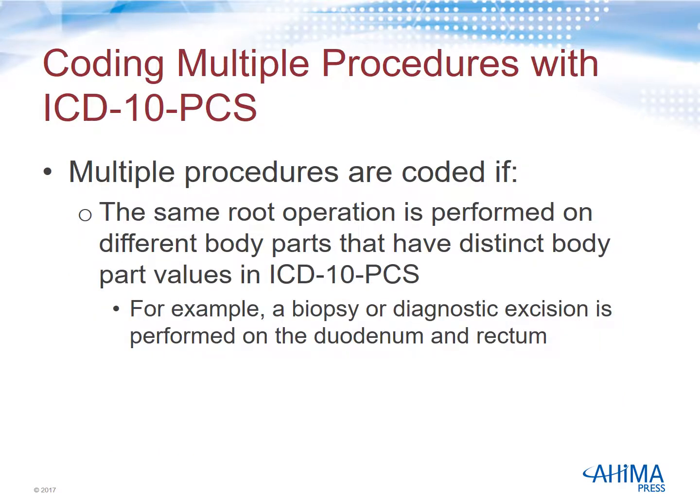Multiple procedure codes are coded if the same root operation is performed on different body parts that have distinct body part values in ICD-10 PCS. For example, a biopsy or diagnostic excision is performed on the duodenum and rectum.